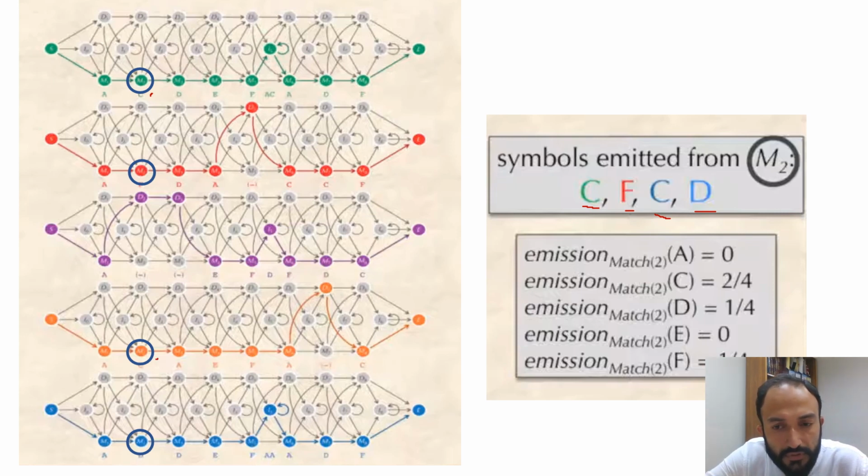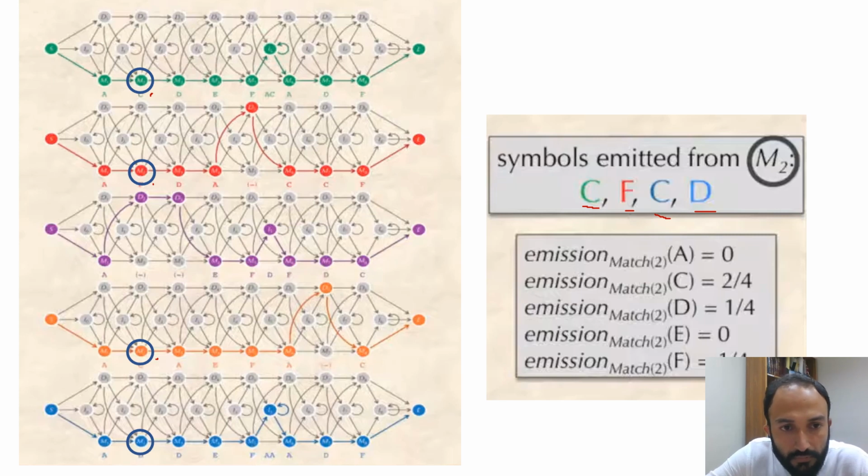So we can say that the probability of the emission of C at M2 is 0.50, or 50%, or 2 out of 4 times C is occurring at M2. Similarly, if we talk about the probability of F at a site, F is occurring at this site once, so the probability of F is 1 out of 4.